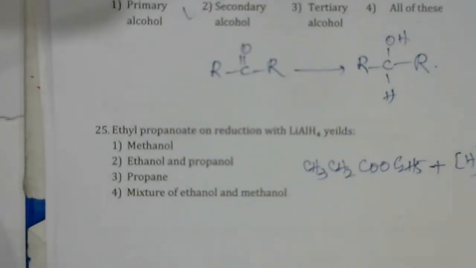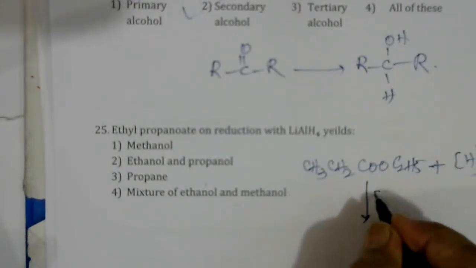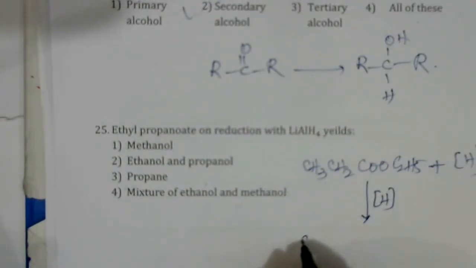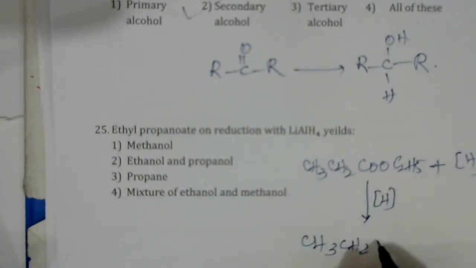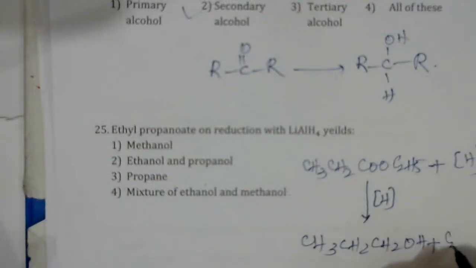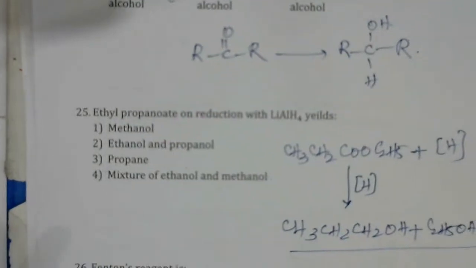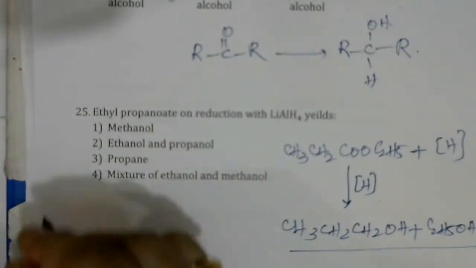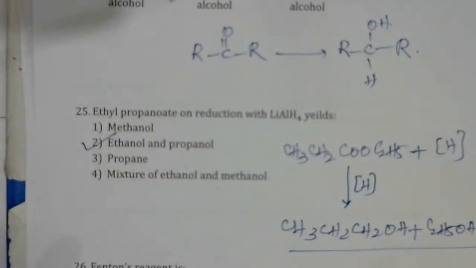Whenever ethyl propanoate undergoes reduction, we are going to get one side one alcohol, other side other alcohol. This is propyl alcohol, and on the other side we get ethyl alcohol. So we get propanol and ethanol. The correct option is what, children? Second option.